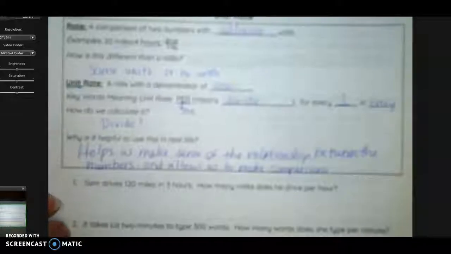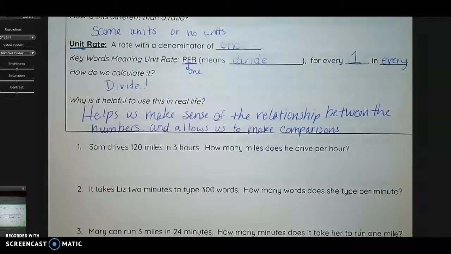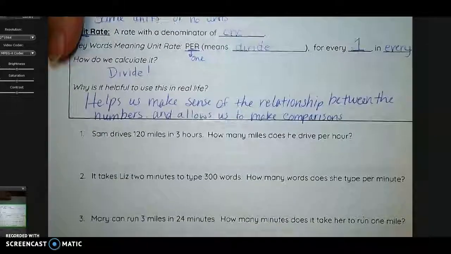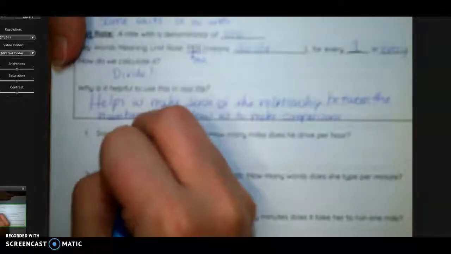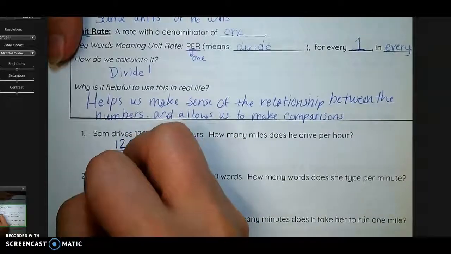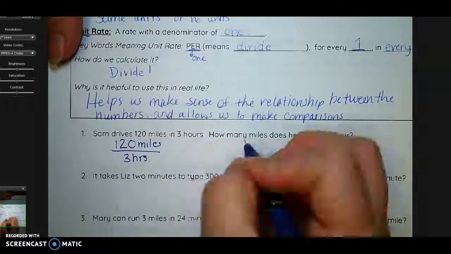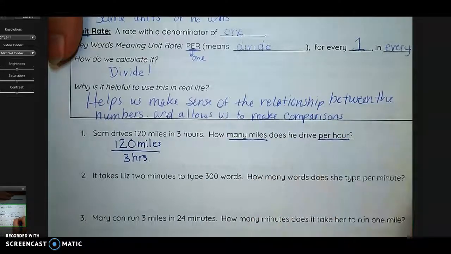So we're going to start with some that you are going to be able to connect to something you've seen in your life. So Sam drives 120 miles in 3 hours. And they want to know how many miles does he drive per hour.